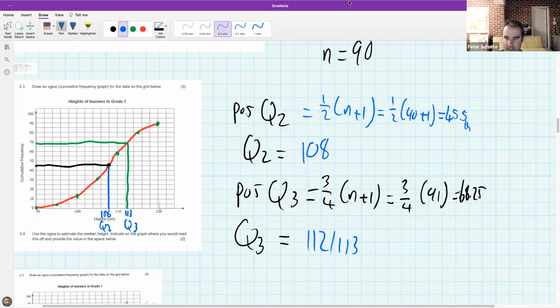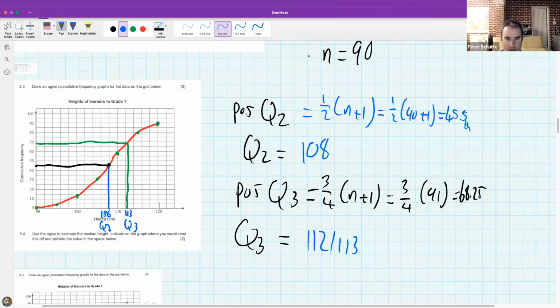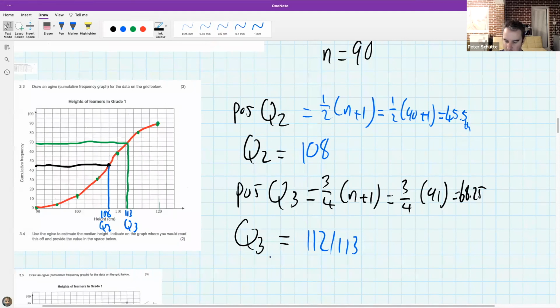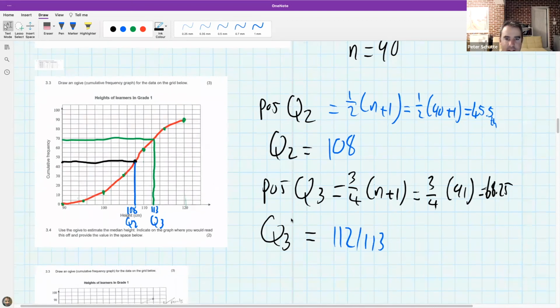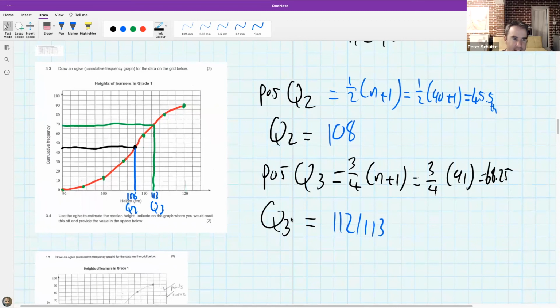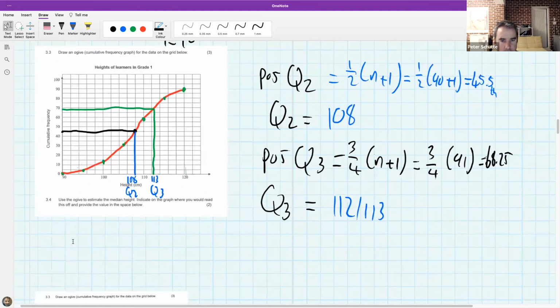Okay, I like what I'm seeing. I would like you now to calculate for me an estimated version of the lower quartile, or what we call Q1. So using the same logic, remember n is 90. So there are 90 items in total. I want you to find me an estimated value for Q1.